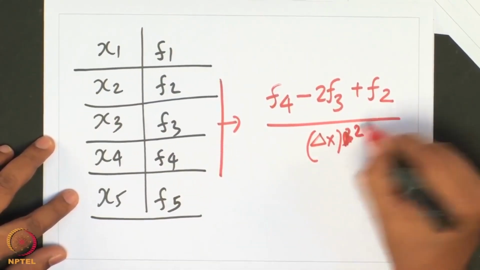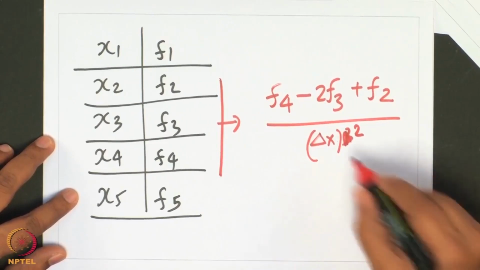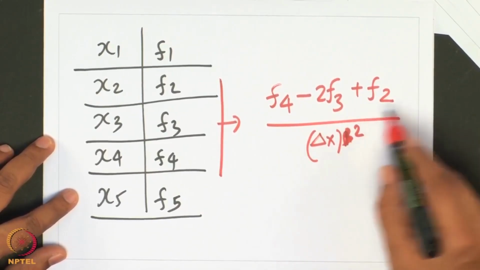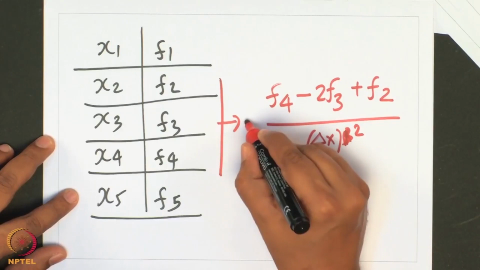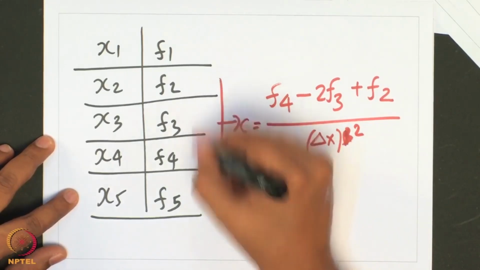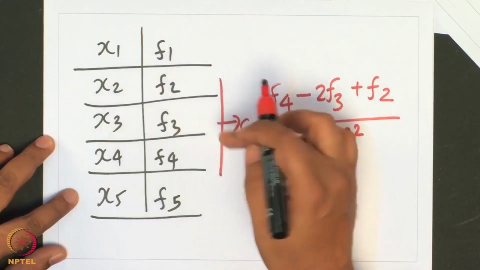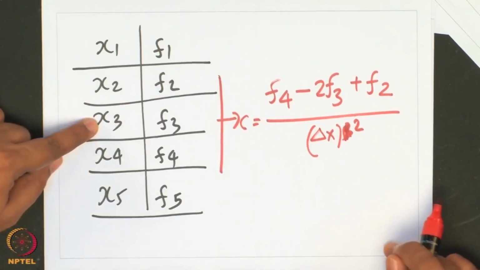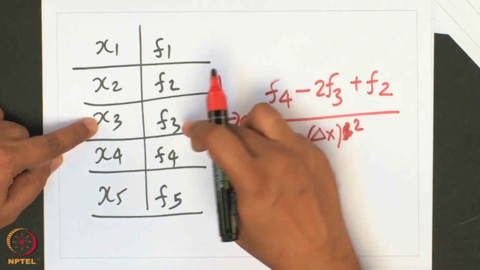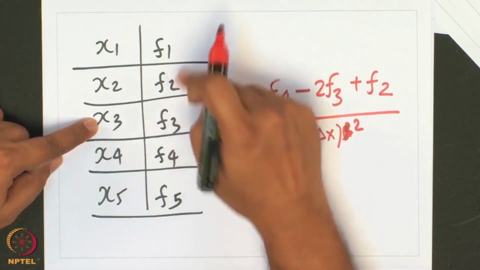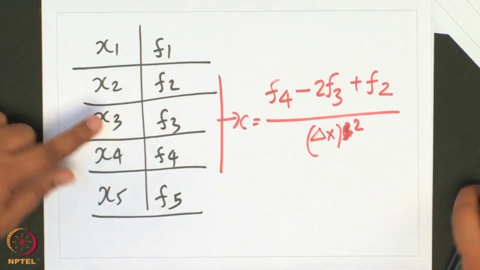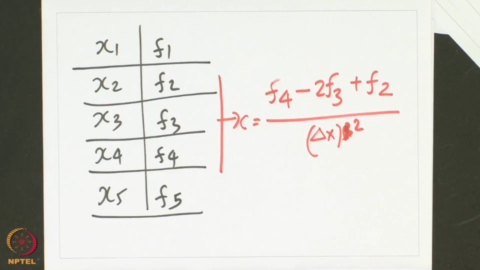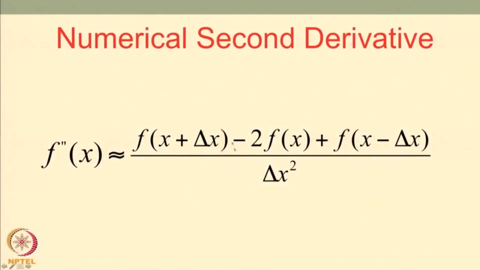Sorry, delta x square. So this would give you c, the second derivative corresponding to the value x3. To calculate the second derivative at x3, take a point above it, take a point below it, and use this formula, which would give us the second derivative.